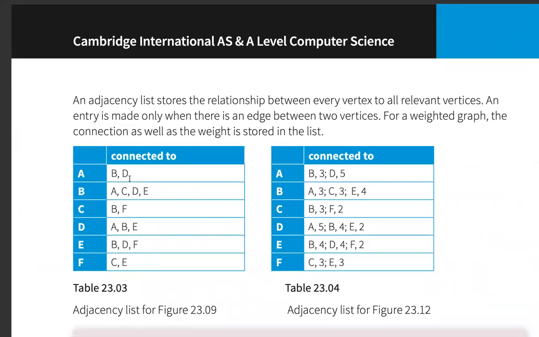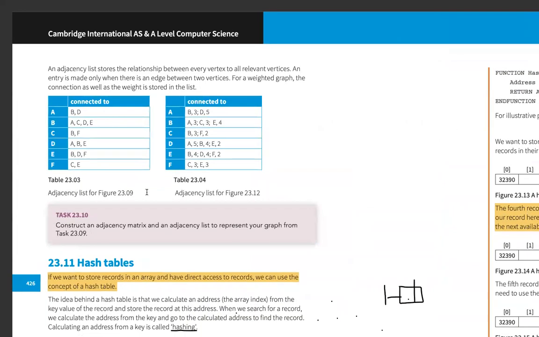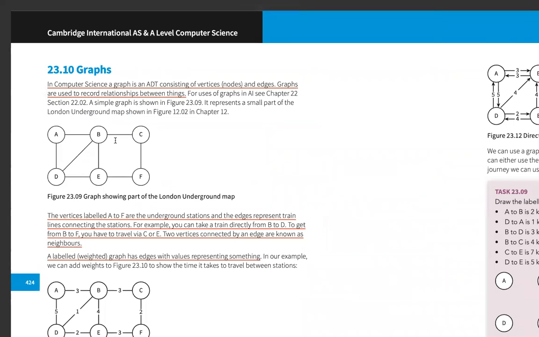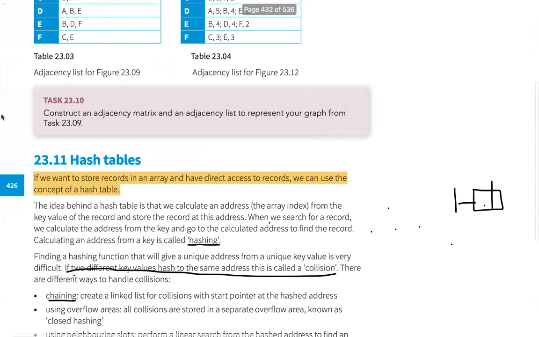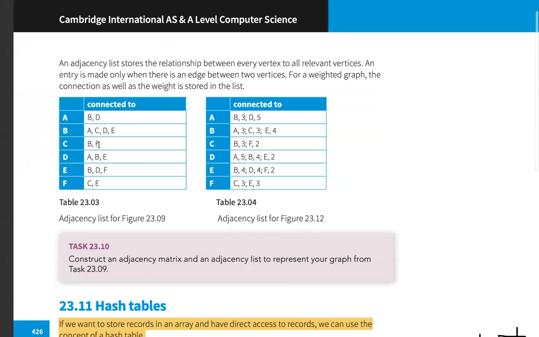From B, there is a direct connection to A, C, D, and E. That's mentioned here in this list. Similarly, there is a direct link from C to B and F. There's a direct link from D to A, B, and E.